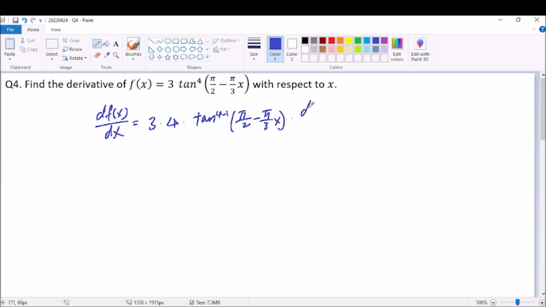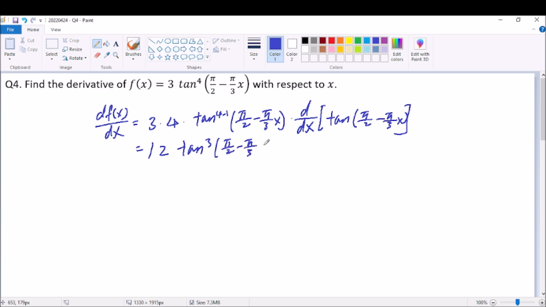And now we differentiate tangent of (pi over 2 minus pi over 3 x). So we have 3 times 4 is 12, tangent to the power 4 minus 1, which is 3, of (pi over 2 minus pi over 3 x). And differentiate tangent is secant squared, secant squared (pi over 2 minus pi over 3 x).